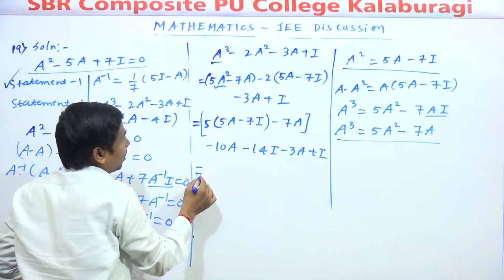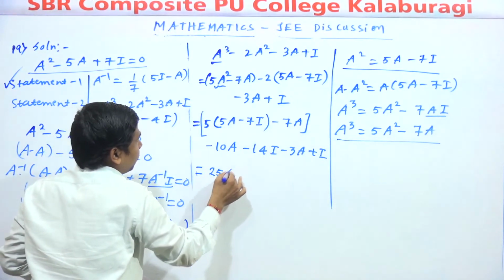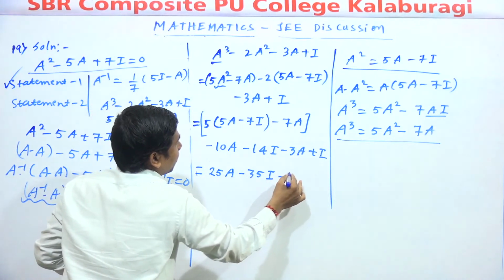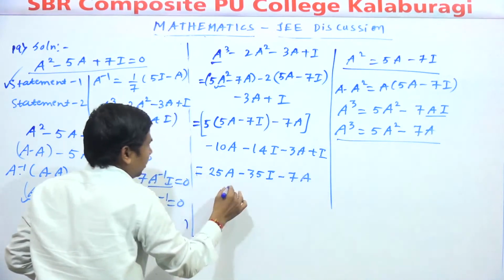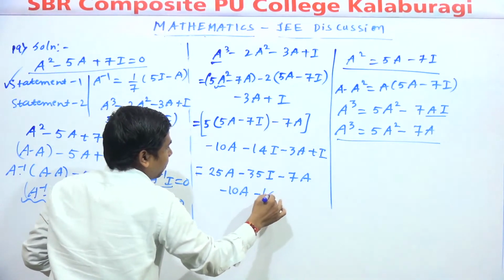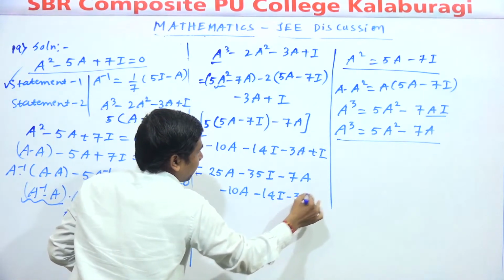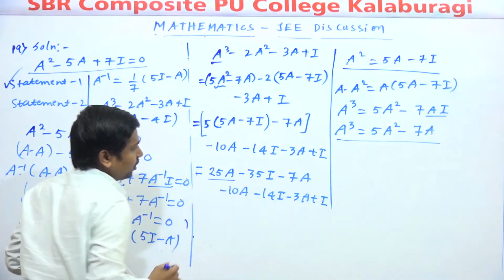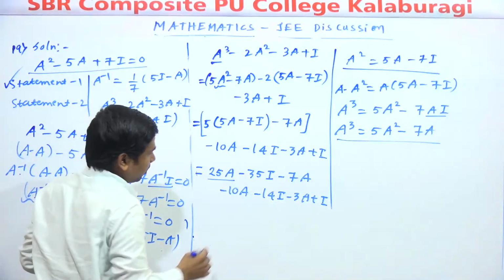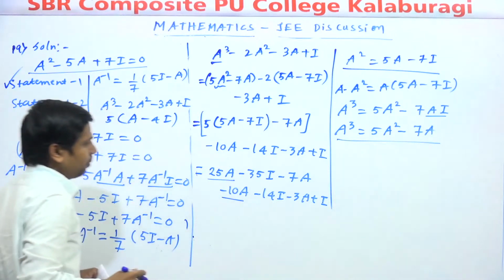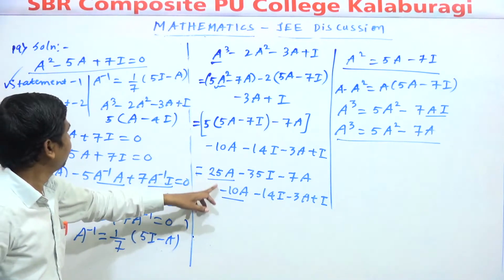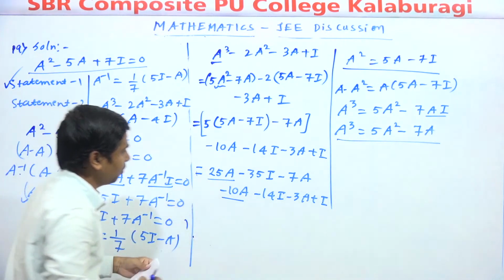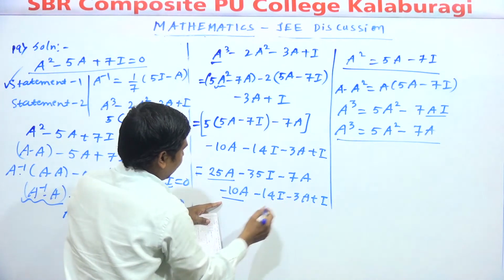Again multiply inside: 5 fives are 25a, 5 sevens are 35i, minus 7a minus 10a minus 14i minus 3a plus i. We'll add the a terms: plus 25, minus 7, minus 10, minus 3.